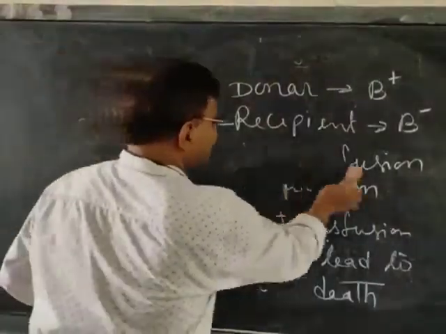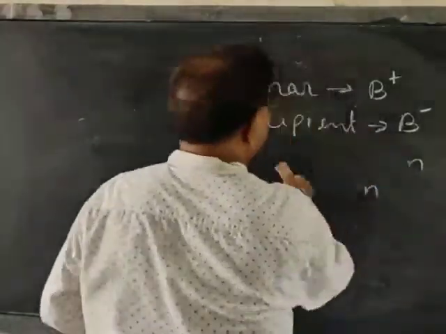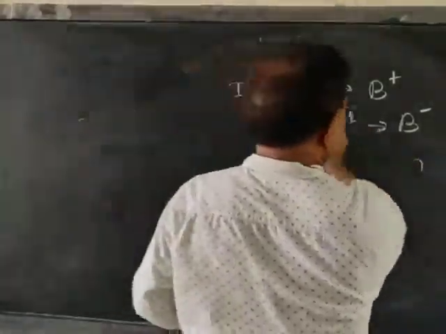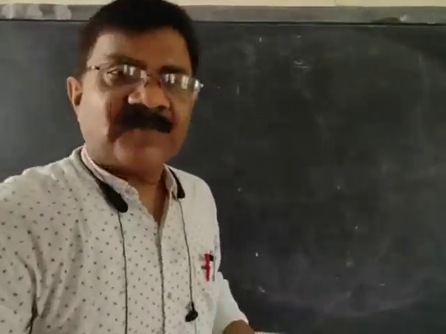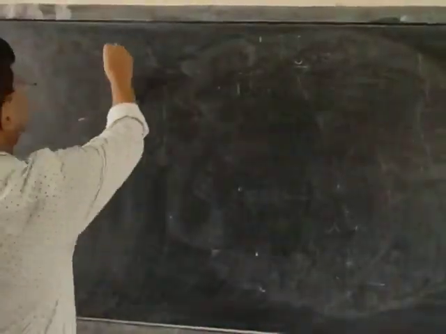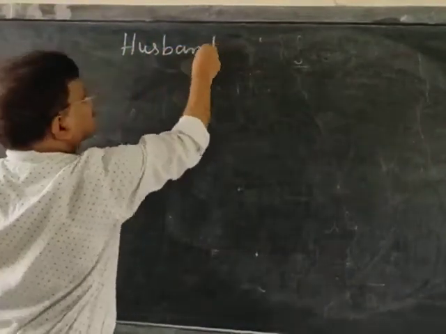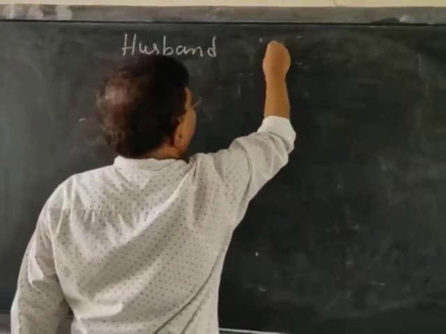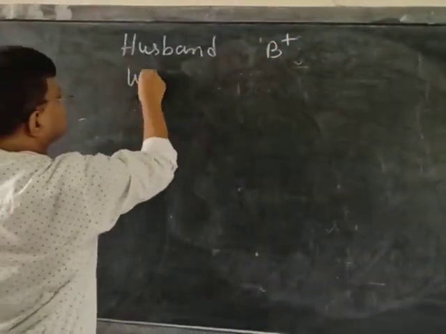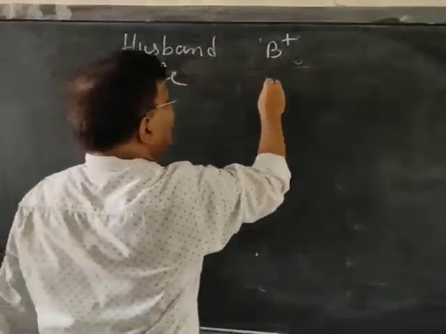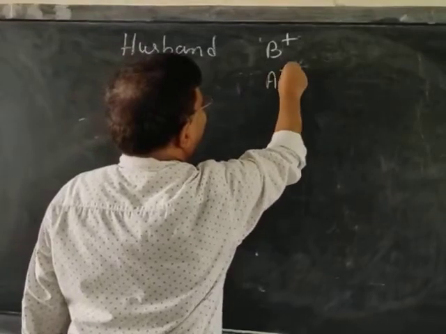The same is the case between a husband and wife. Suppose the husband is B positive and the wife is A negative.